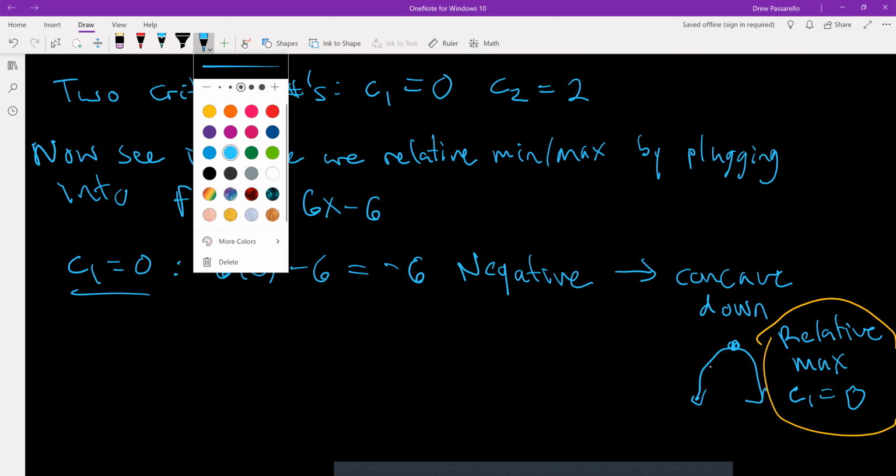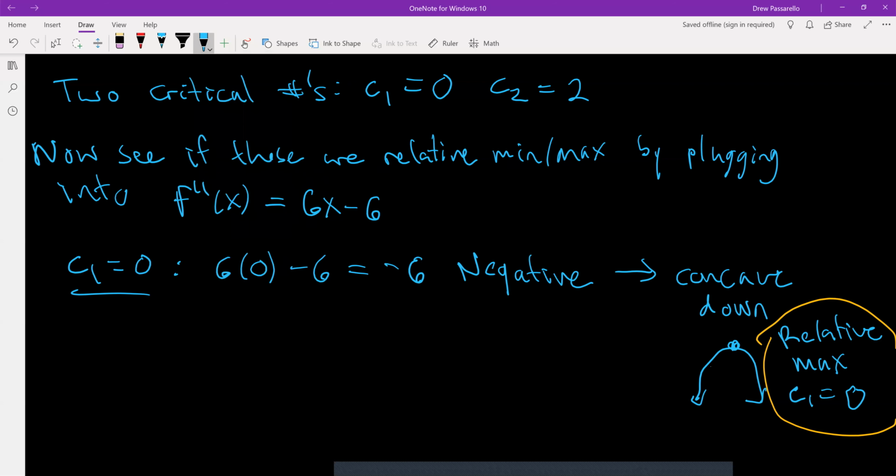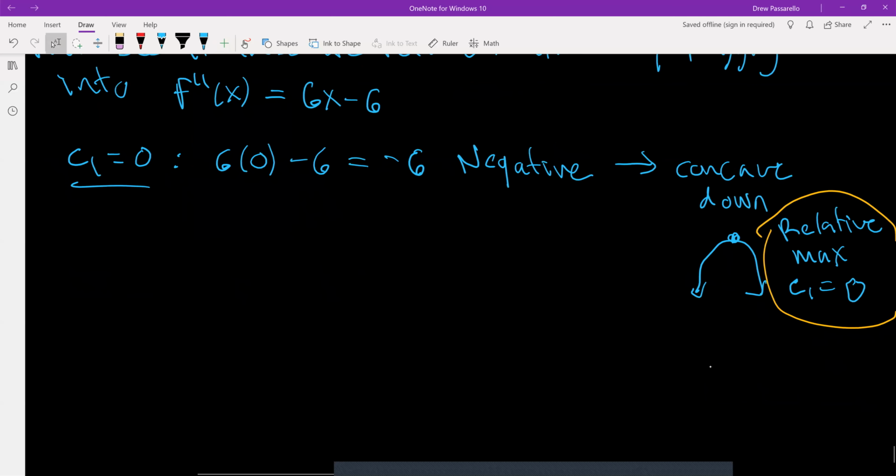Now I plug in 2 to see if that's a relative min or max. So C2, the second critical number, was 2. So it'll be 6 times 2 minus 6. All right, so that's 12 minus 6 is 6. And again, the value itself isn't what we're interested in. We just need to know if it's positive or negative. So this is positive.